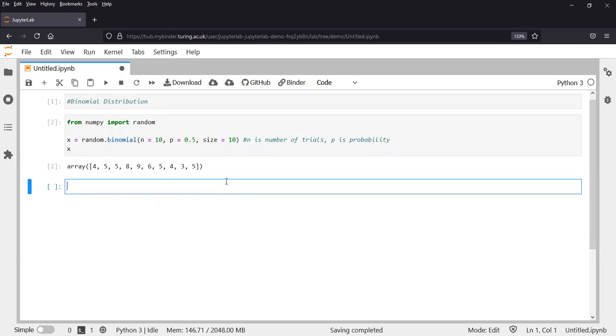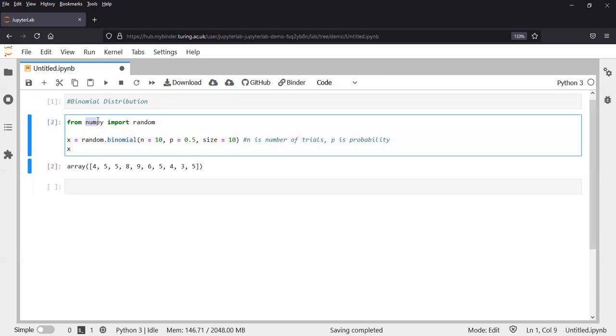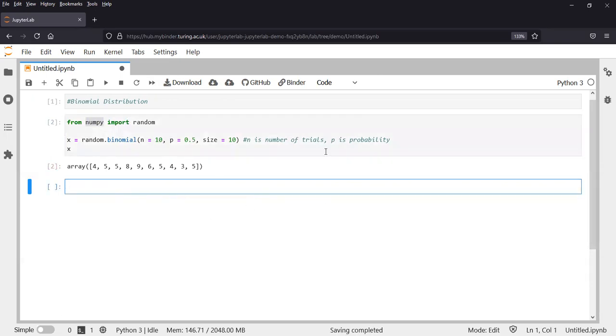But if you want to construct the graph, I will talk more about it in later videos. I'll show you the other Python library to combine with numerical Python to construct a graph like a pie chart or something else.